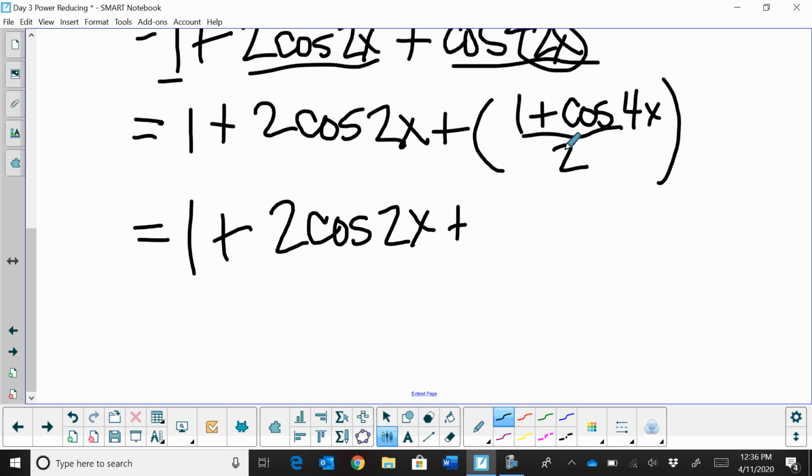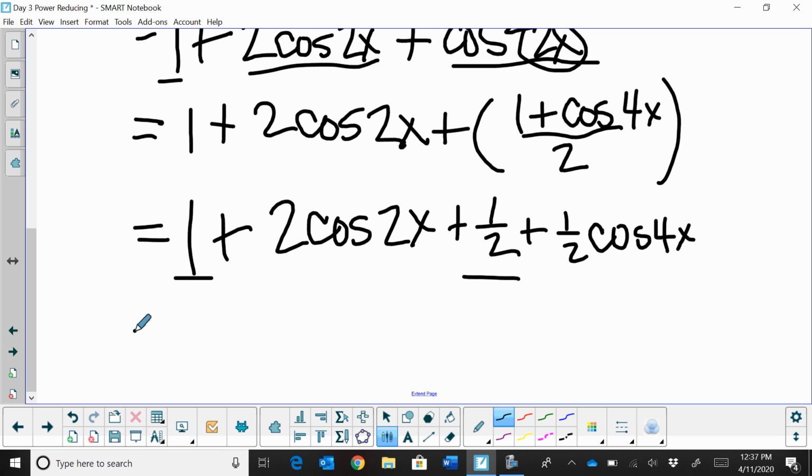plus, and let's separate this into two parts, 1/2 plus 1/2 cosine 4x. Okay, so I can now combine my 1 and my 1/2.